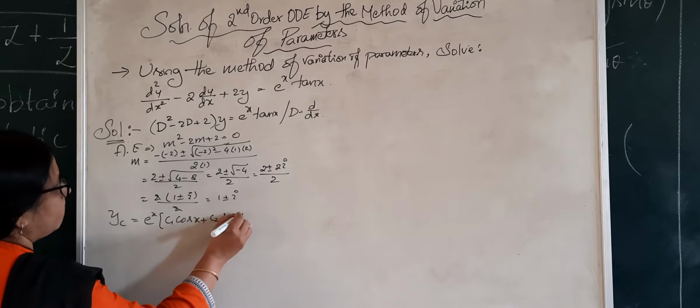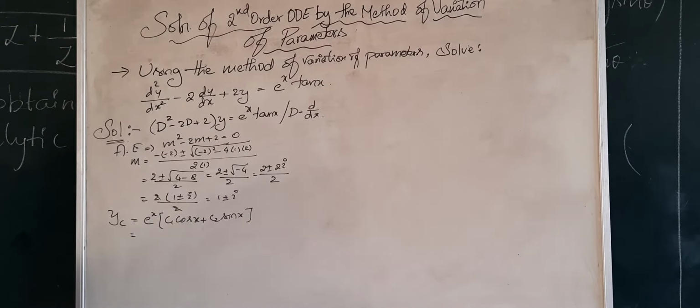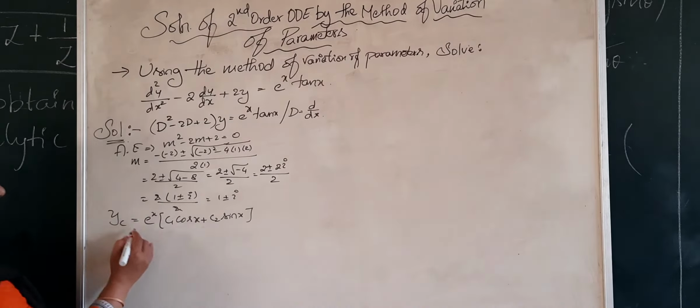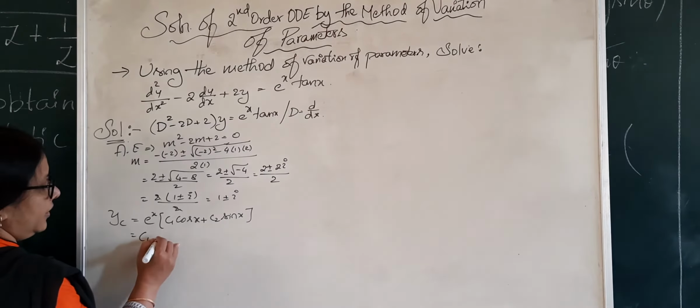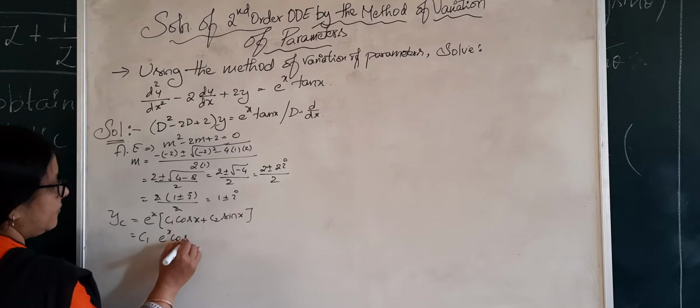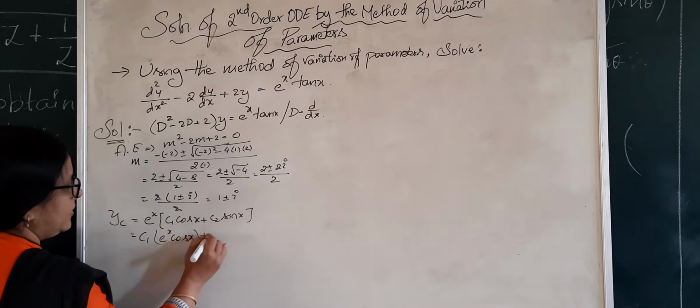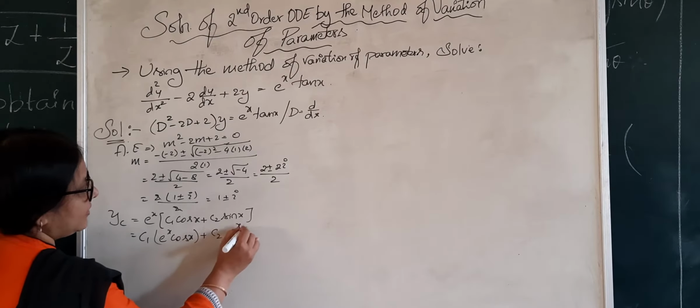Okay, let us split this. We have to split it and find what our y1 and y2 are. You can write this as c1 e to the power x cos x plus c2 e power x sin x.